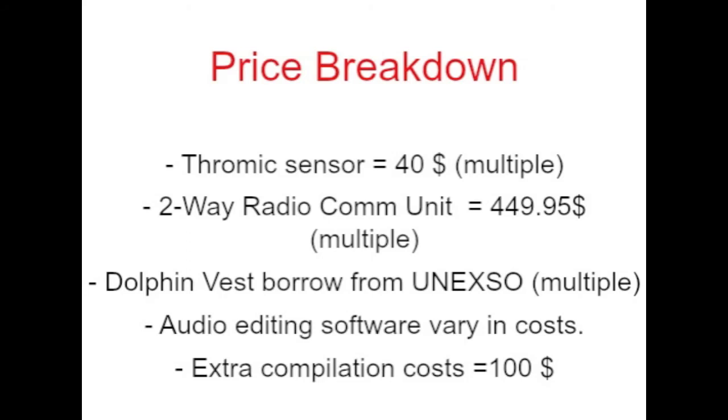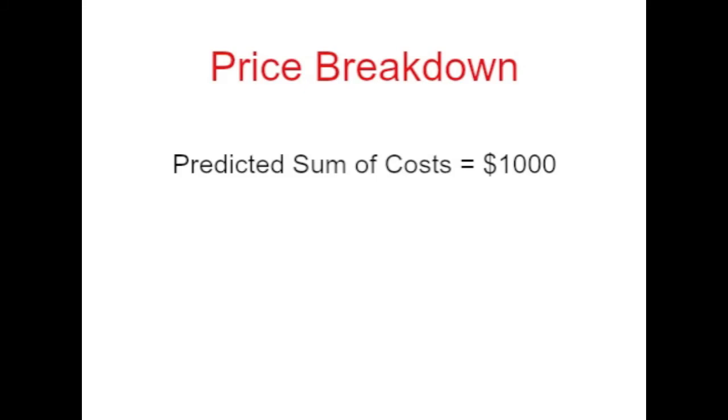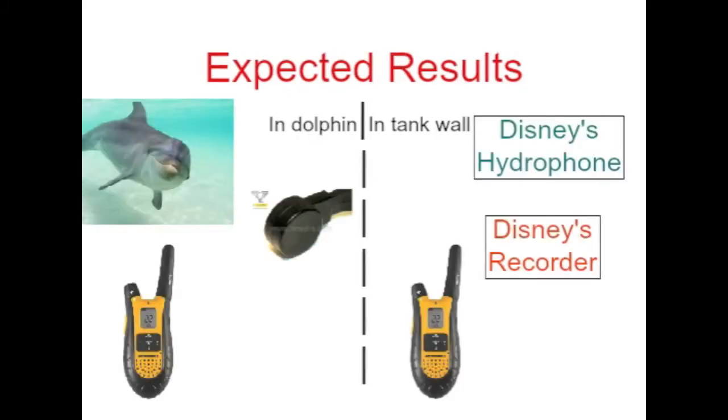The Dolphin vest will be borrowed from UNEXSO conditionally. Multiple are needed. Potential audio editing software, Nuendo/Acid Pro, vary in costs. Further, extra costs for compilation will estimate to around $100. All in all, the total cost can be estimated to come to around $1,000 USD.